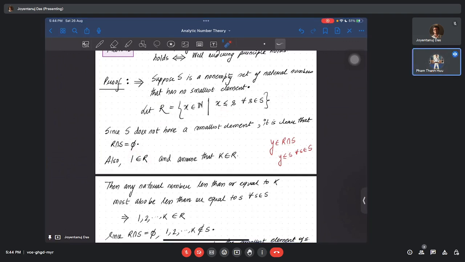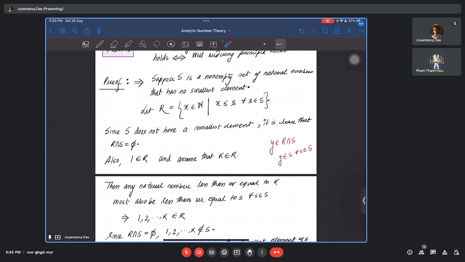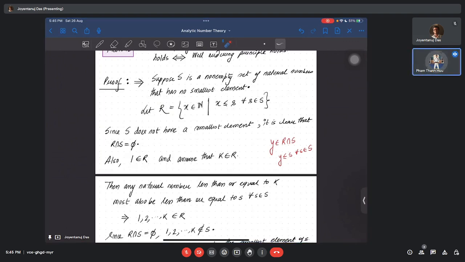Otherwise we cannot conclude something like the intersection with S. Actually, R and S should have a common element, which is the smallest element.